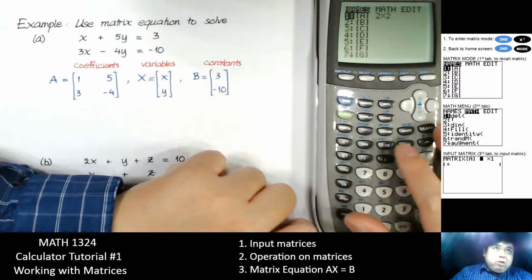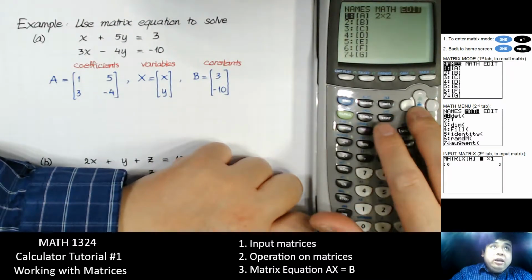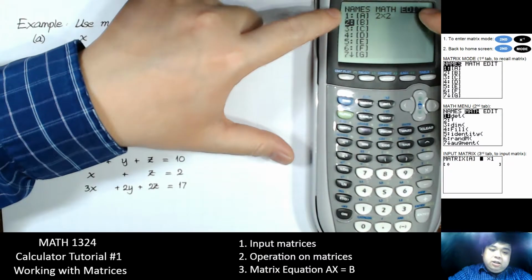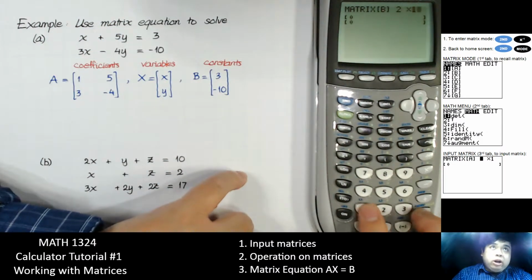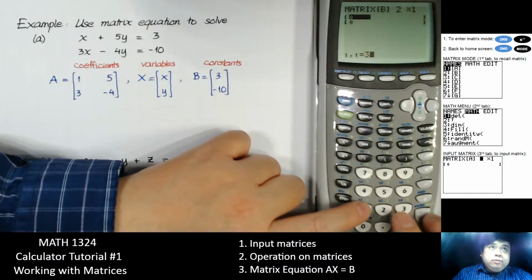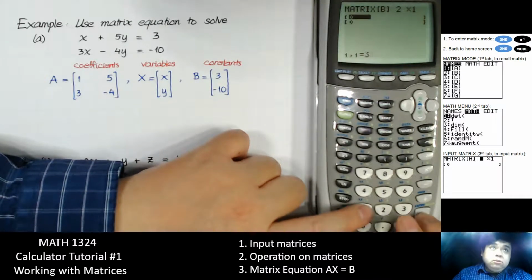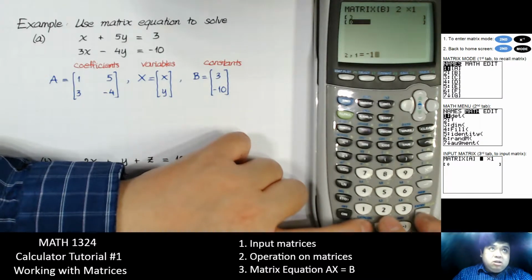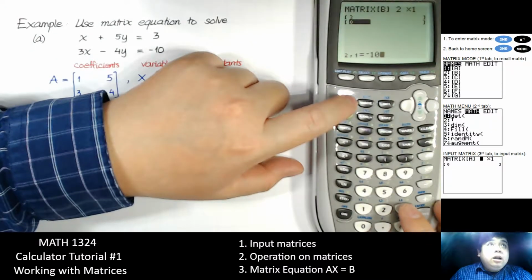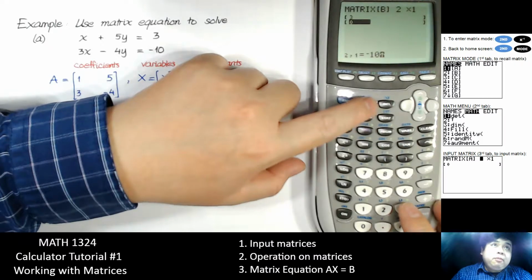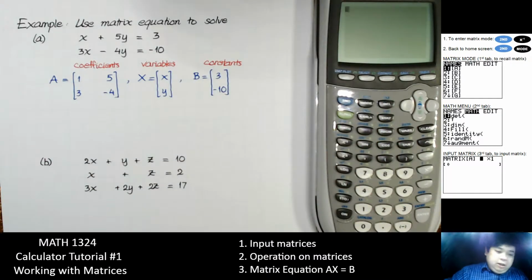Now the matrix B, this time edit, matrix B, 2 rows, 1 column, 3 and -10, and then quit. Right, so we have matrix A and matrix B in the calculator.